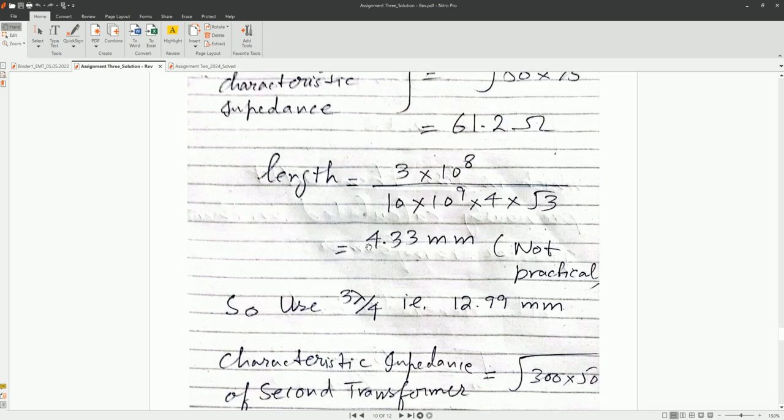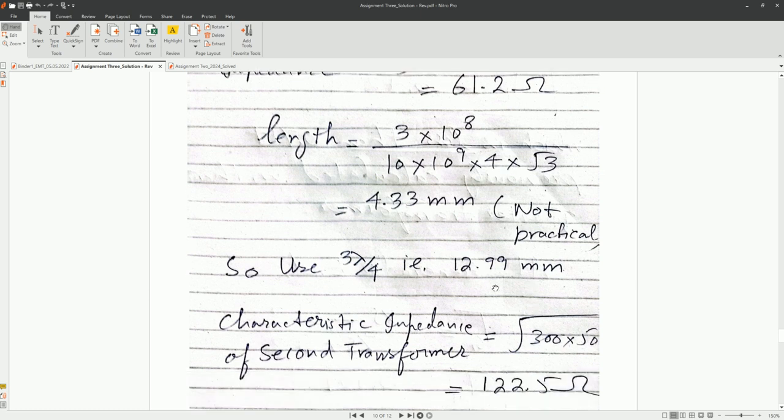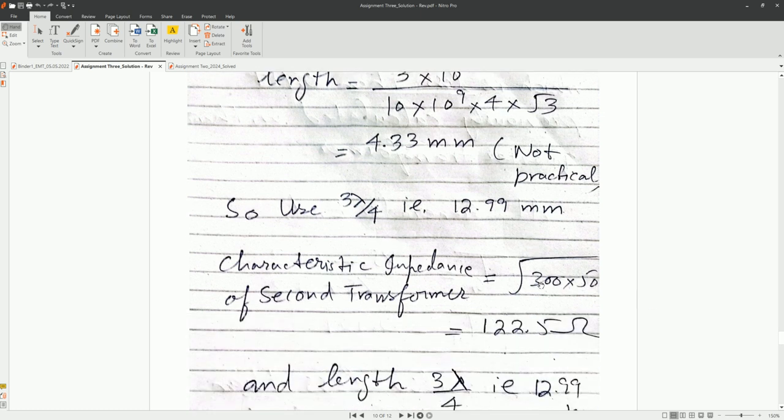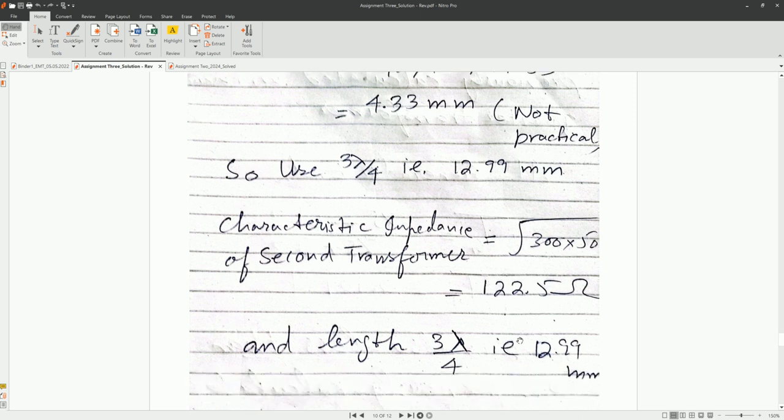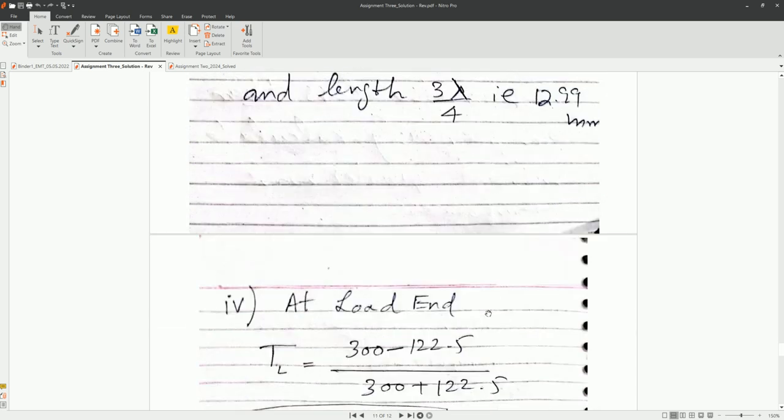This is your quarter length lambda by 4, and we multiplied it by 3. So we get 3 lambda by 4, 12.99 mm. The characteristic impedance of the second transformer will be the square root of 300 load side into 50, which is 122 ohm, and 3 lambda by 4, again 12.99 mm.